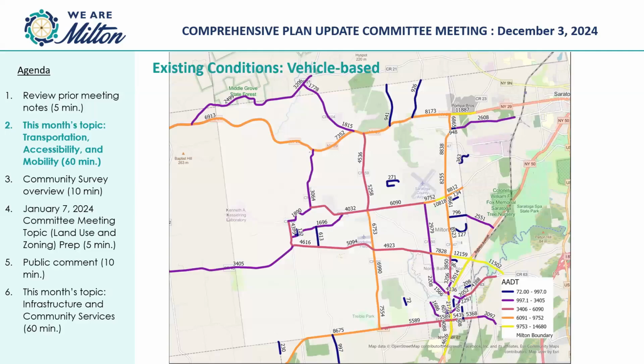For these next slides, we'll go through the various modes. The first is vehicle-based, though there are somewhat artificial distinctions, because the road network is used for single-occupancy vehicles but also to move goods, and it's the roadbed for transit. But the bulk of people traveling in and through Milton use its road network in single-occupancy or private vehicles.